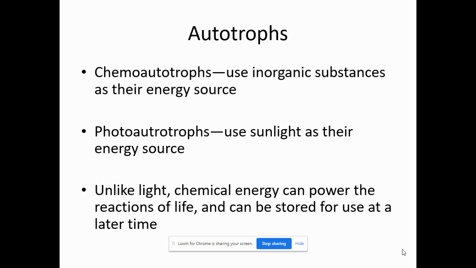Okay, so chemical energy in the form of carbohydrates that we use, that our cells use, that other cells use. Chemical energy can power the reactions of life, unlike light, and that chemical energy in the form of carbohydrates and other molecules can be stored for use at a later time.